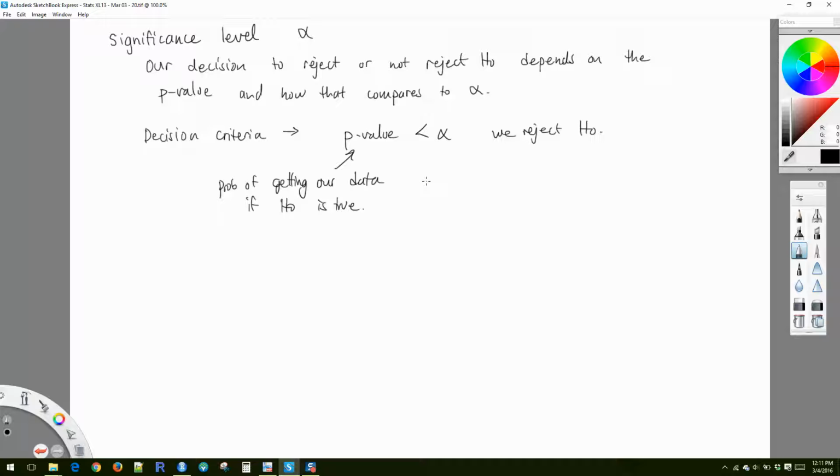So usually what we say is, well, our p-value is less than alpha, I'm going to reject the null hypothesis, okay? But it could actually turn out that the null hypothesis is true, and we just happen to get some slightly strange data, okay? We just happen to get some data that causes us to reject the null hypothesis based on this decision criteria, but that could be the wrong case, okay?